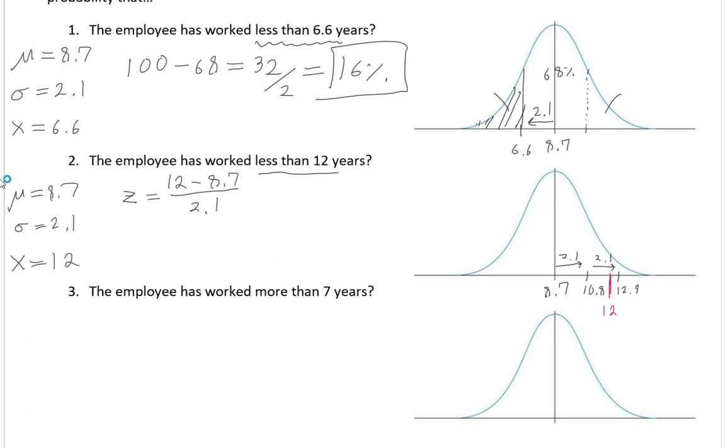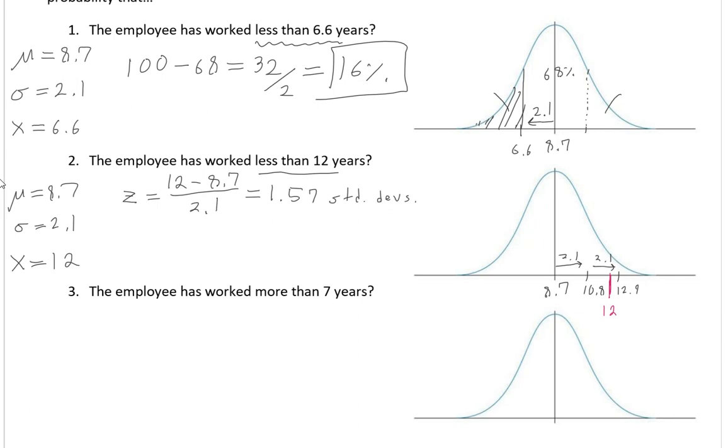If I do 12 minus 8.7, we get 3.3. Divide that by 2.1, we get an answer of approximately, I'll round to 2 decimal places here, 1.57 standard deviations. So that's how many standard deviations away it is.